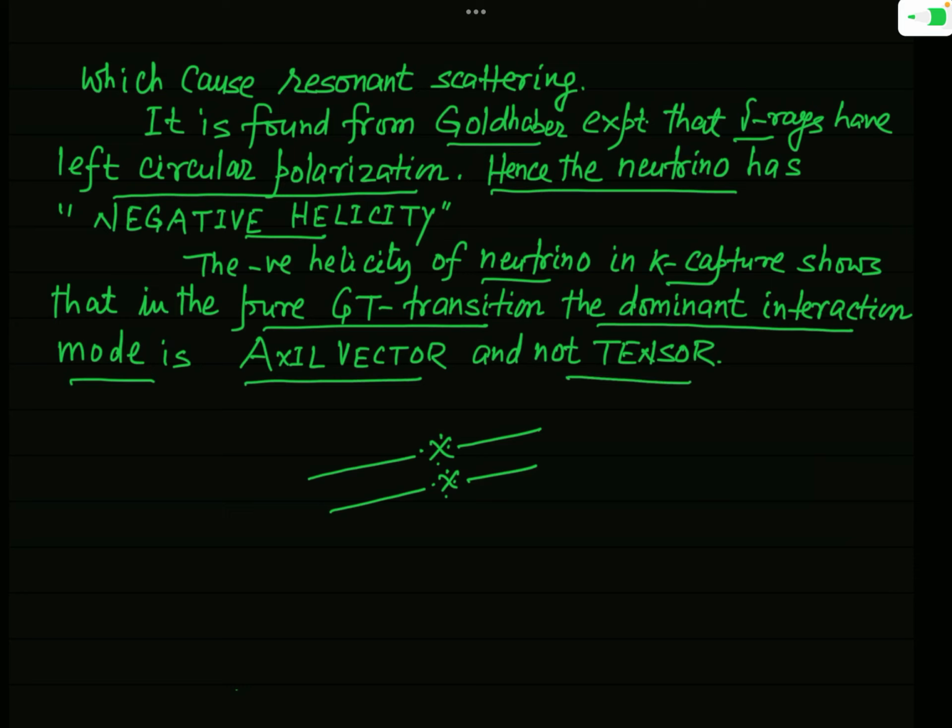As I have mentioned earlier, there are two possibilities: the helicity of the neutrino may be +1 in case of the tensor interaction, and it may be -1 in case of the axial vector interaction. But finally, after this experiment of Goldhaber, it was found that the helicity of the neutrino is negative. So you can say that the interaction in this case is the axial vector interaction, not the tensor interaction.